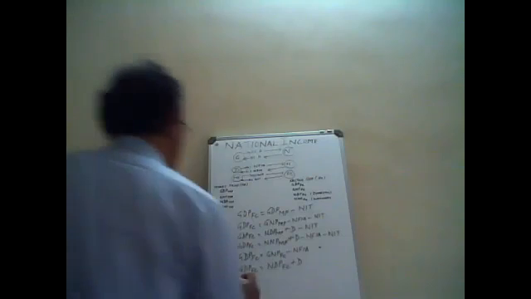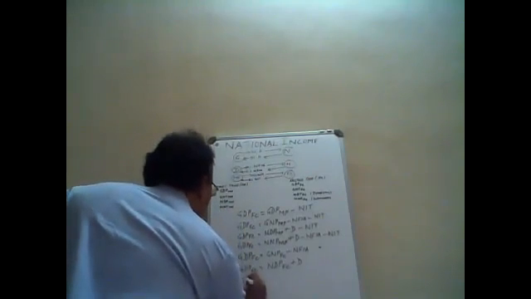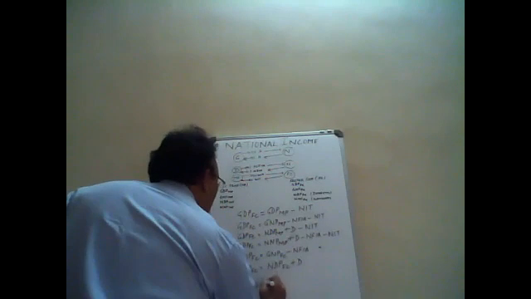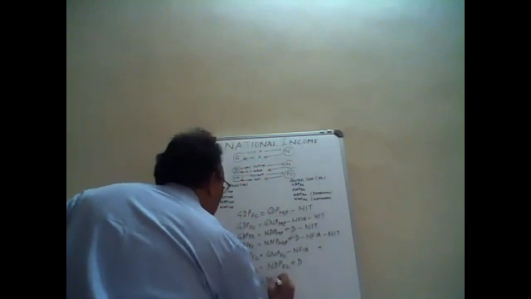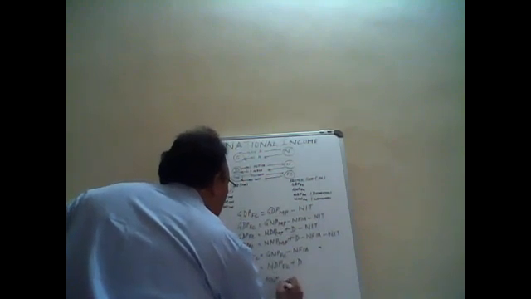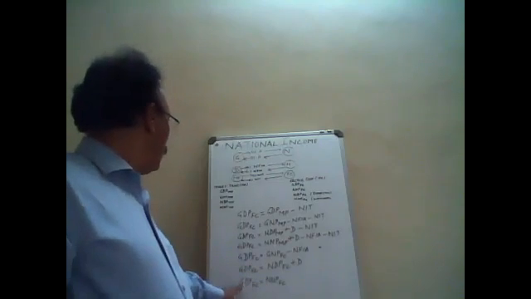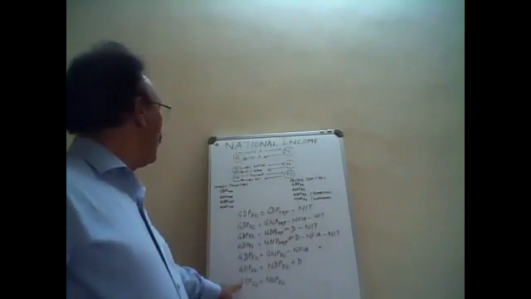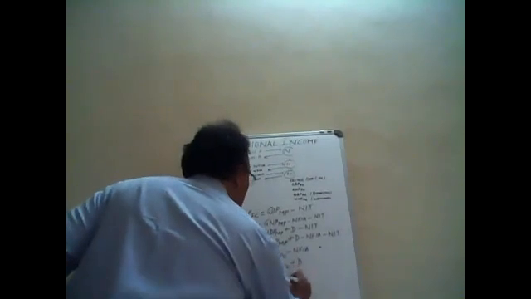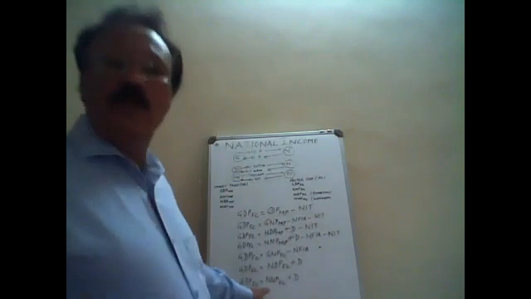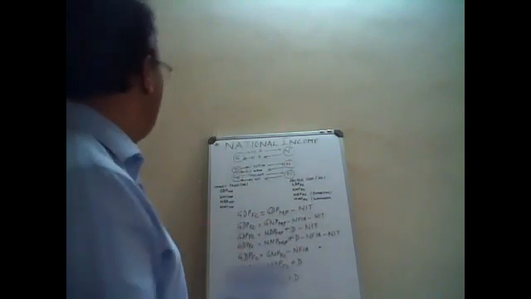Now the last one, GDP at factor cost when NNP factor cost is given. Net to gross, we will add D plus D. National to domestic, minus NFIA.